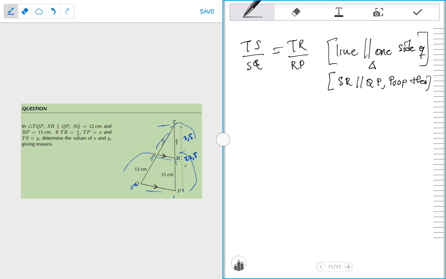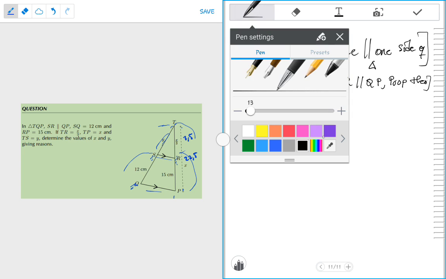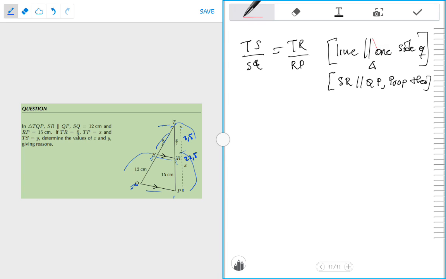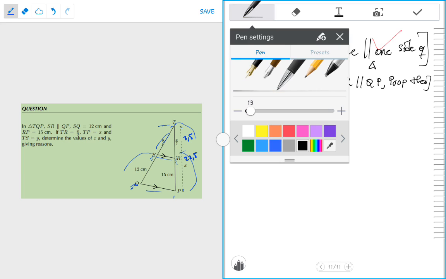You can use either one of them. Mind you, this is a mark, and also this is a mark. The reasons are very important.